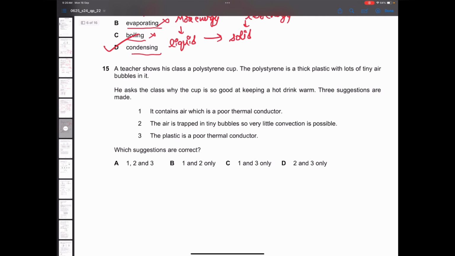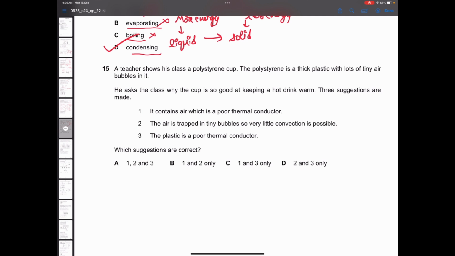Next question. A teacher shows his class a polystyrene cup. So polystyrene is a bad conductor. It traps air. We have already studied this. The polystyrene is a thick plastic with lots of tiny air bubbles in it. He asks the class why the cup is good at keeping the hot drink warm. So, bad conductor, it does not allow heat transfer.